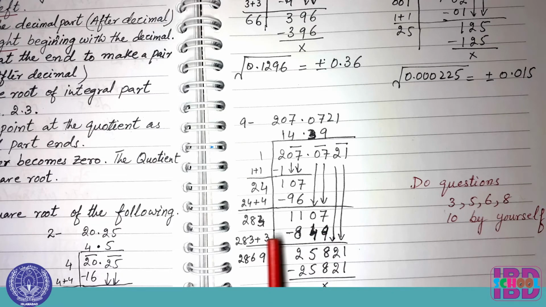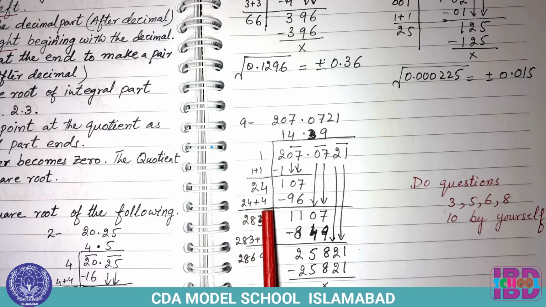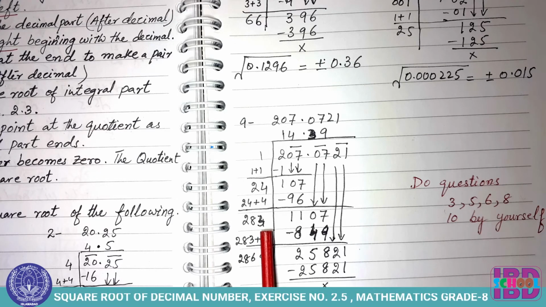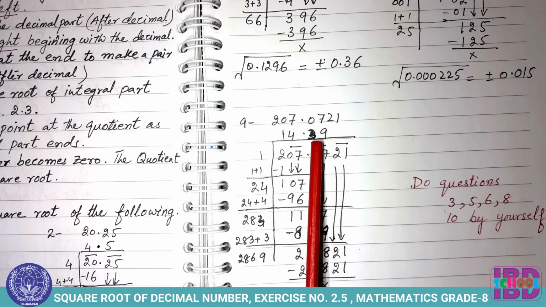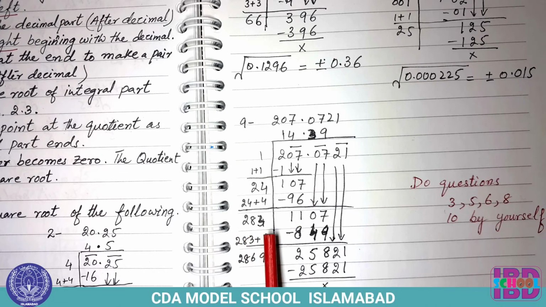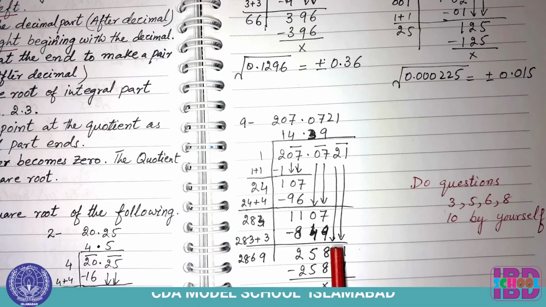Here we add 4 to the divisor, 24, and get 28. Now we have to find the next digit with 28. Let us take 3. The divisor becomes 283. When we multiply 283 by 3, we get 849. Now subtract it.